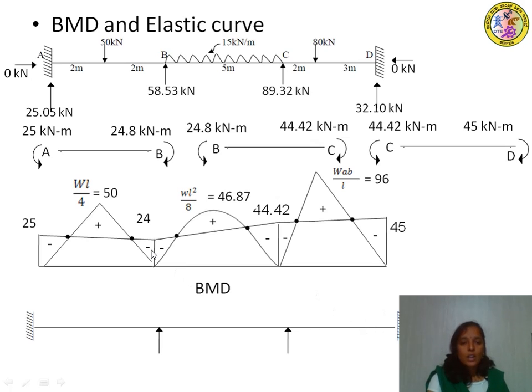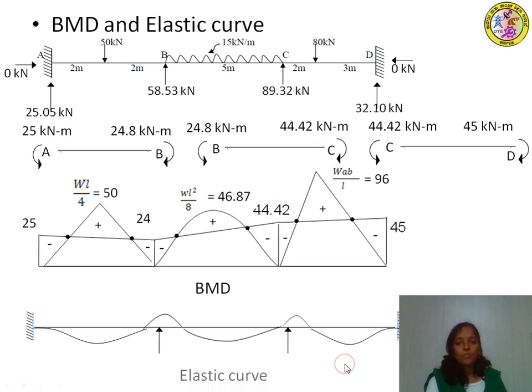So negative means hogging in the upward direction, positive means sagging in the downward direction. So this is the elastic curve.